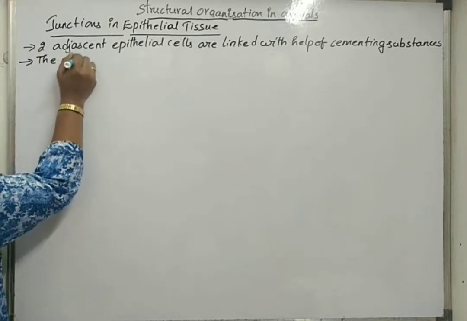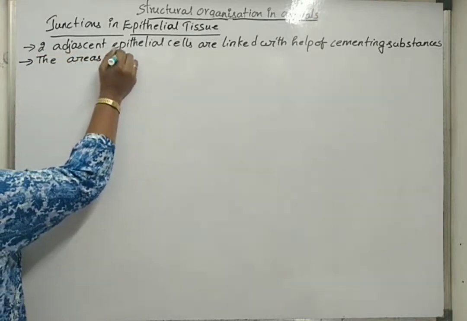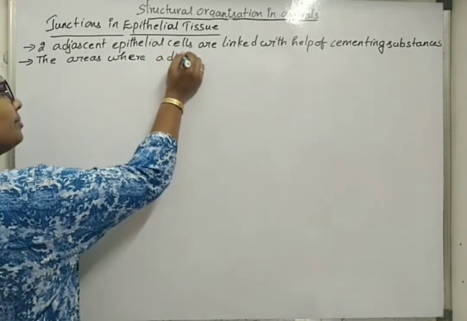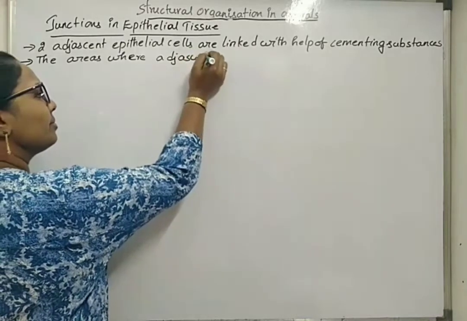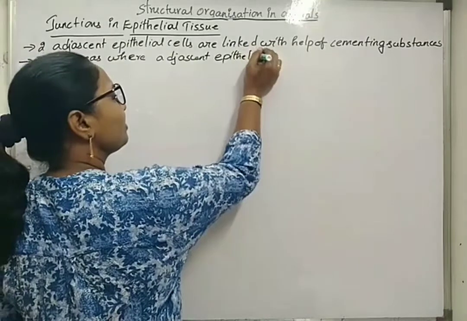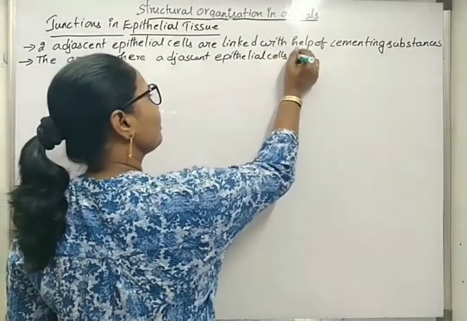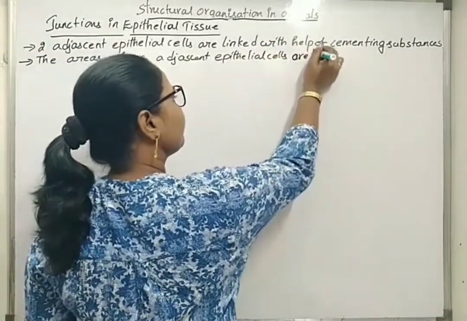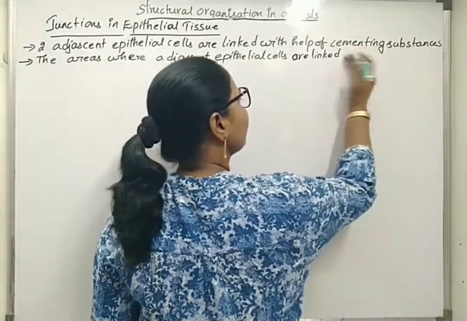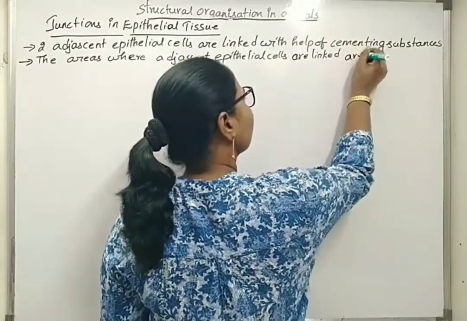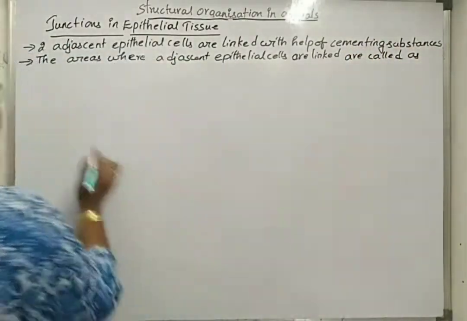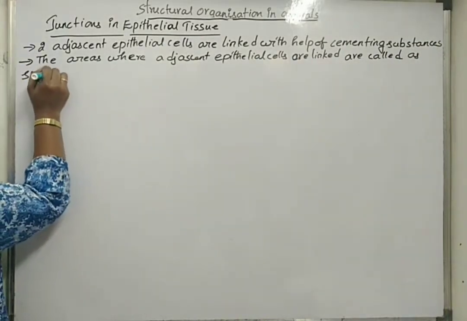The areas where two adjacent epithelial cells are linked are called specialized junctions.